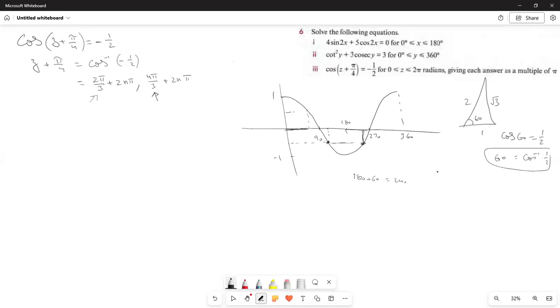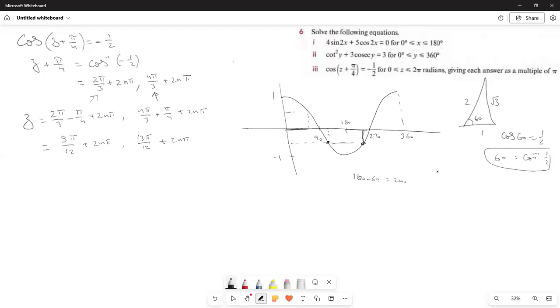Now from here, what is z equal to? z is equal to 2 pi by 3 minus pi by 4 plus 2 n pi, and the second answer is 4 pi by 3 minus pi by 4 plus 2 n pi. When I simplify these two, it gives me 5 pi by 12 plus 2 n pi, and here it gives me 13 pi by 12 plus 2 n pi.